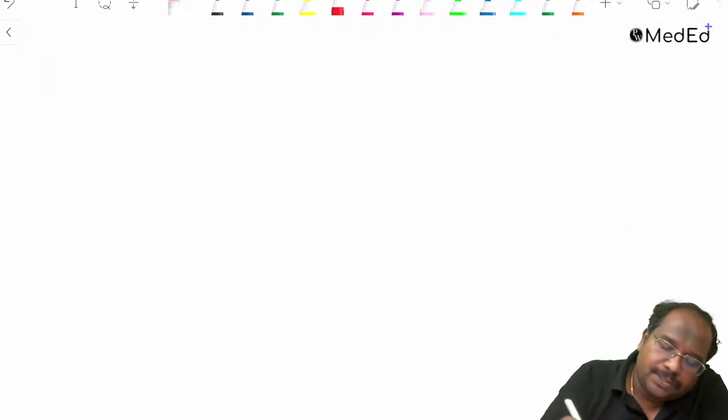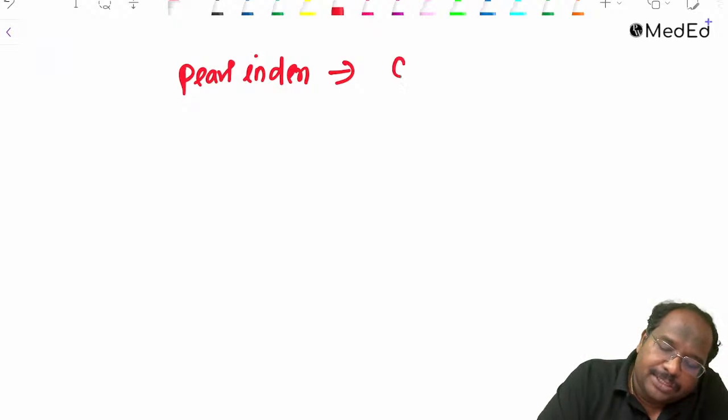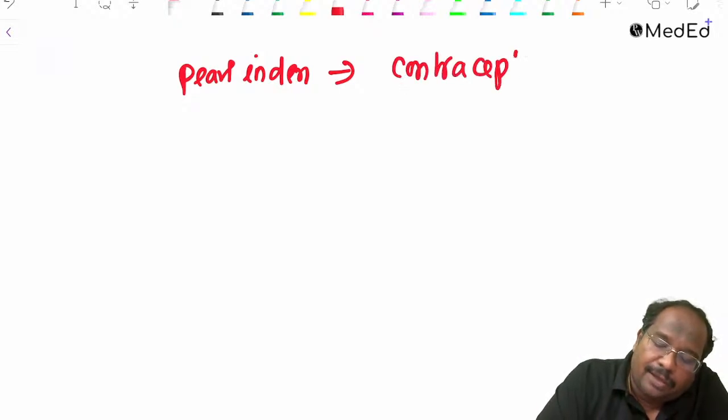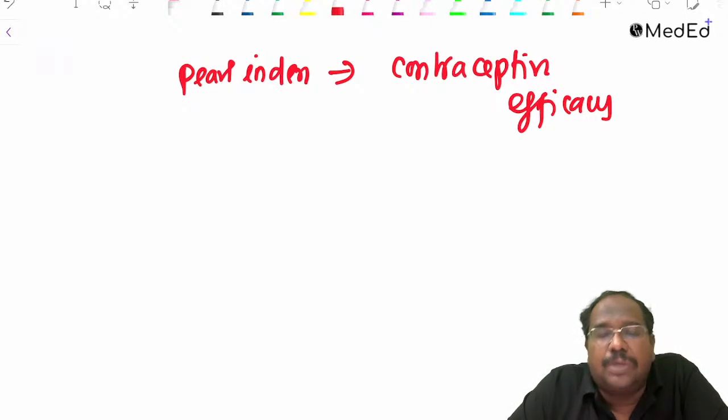Let us see the concept first. Pearl Index measures contraceptive efficacy, how good a contraceptive is. There are two ways we can use it. One is Pearl Index, second is life table analysis.